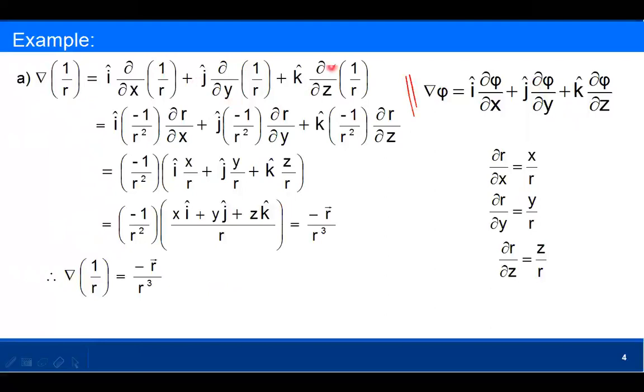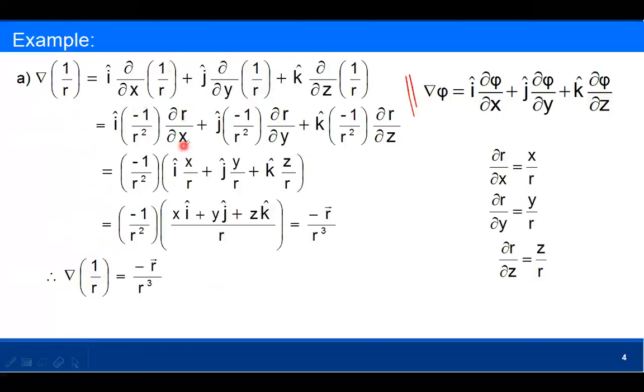So generally, derivative of 1 by x means minus 1 by x square. Similarly, derivative of 1 by r is minus 1 by r square, and derivative of r is dou r by dou x, plus j.